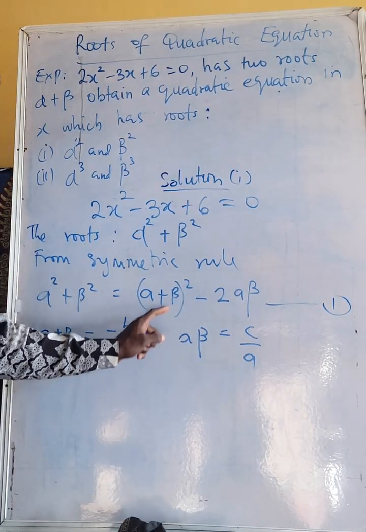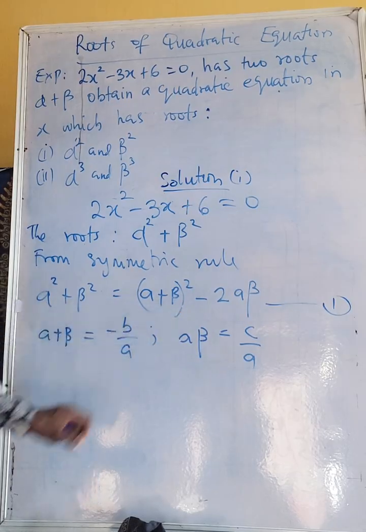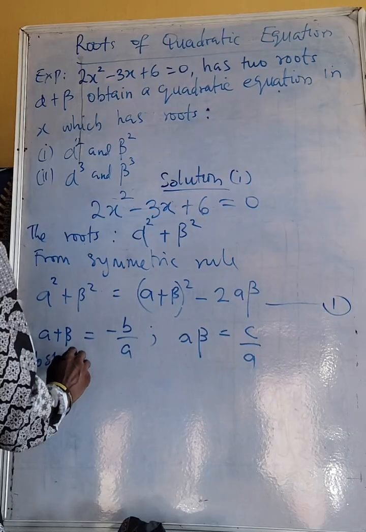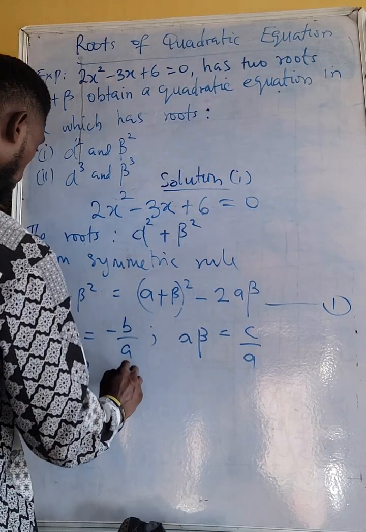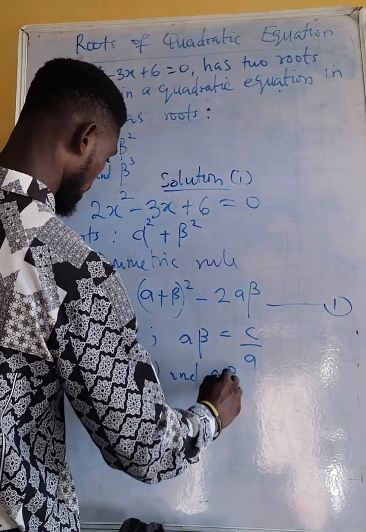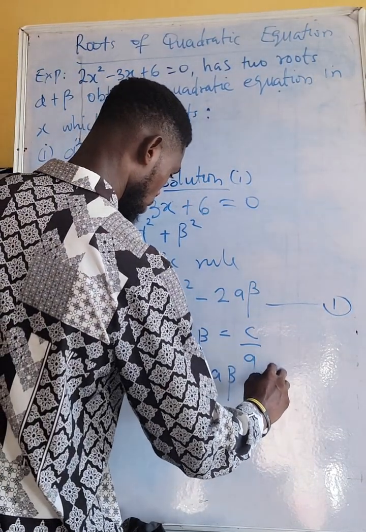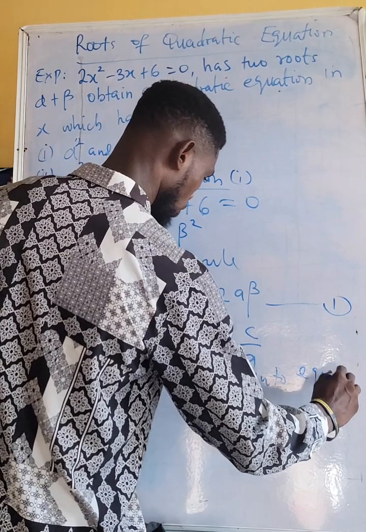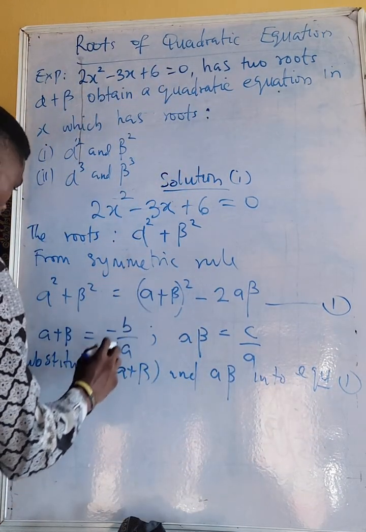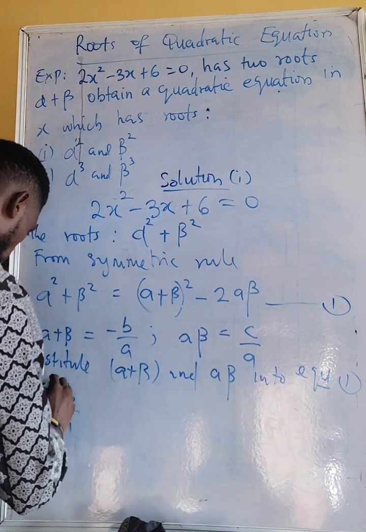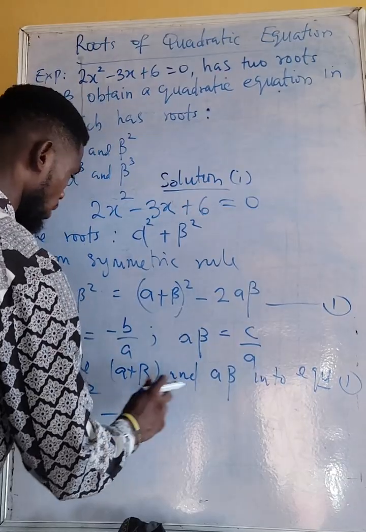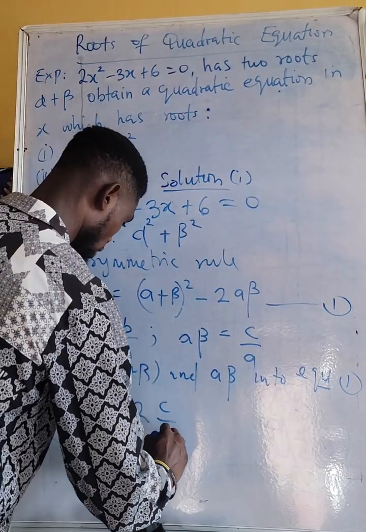So substitute alpha plus beta and alpha beta into equation 1. If you substitute it into equation 1, we have minus b over a all square minus 2 c over a.